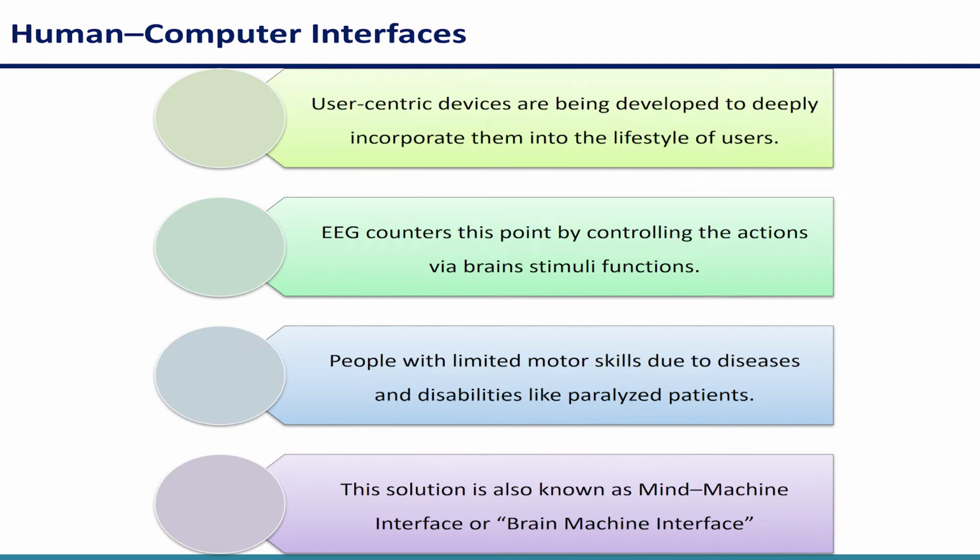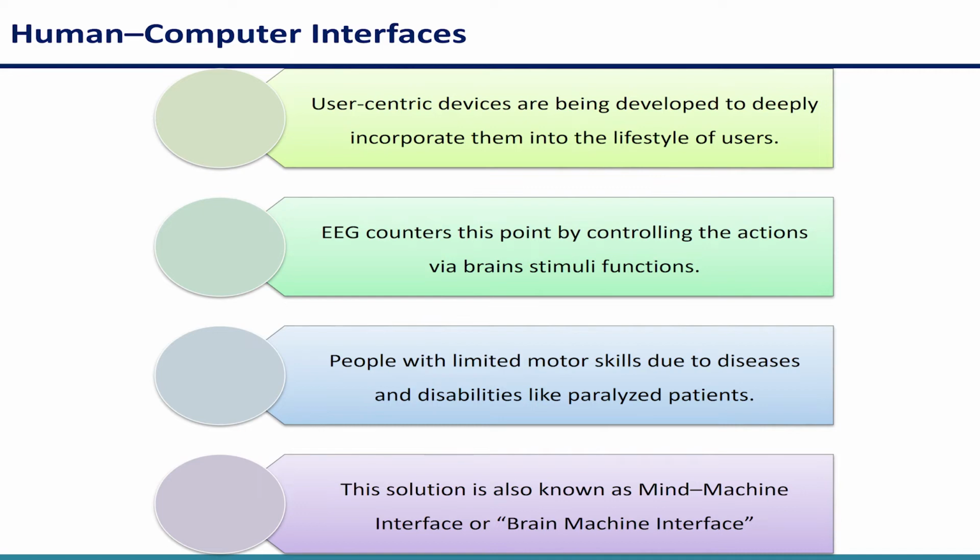More user-centric devices are being developed to deeply incorporate them into the lifestyle of the users. Most of the previous devices required an action to be performed to interact with the machines.